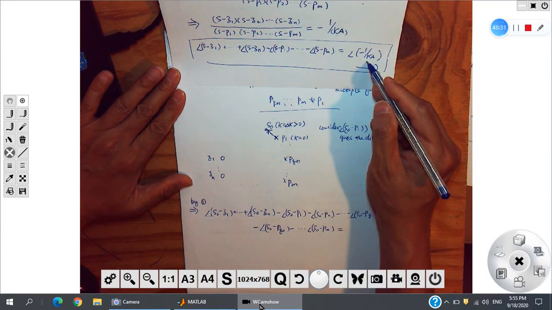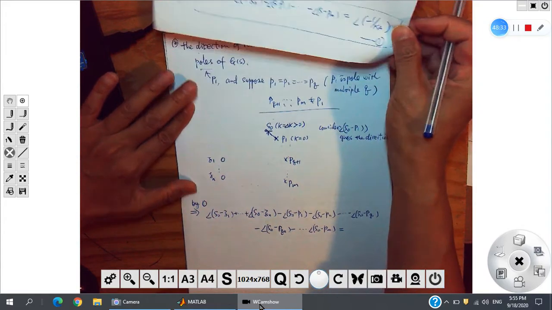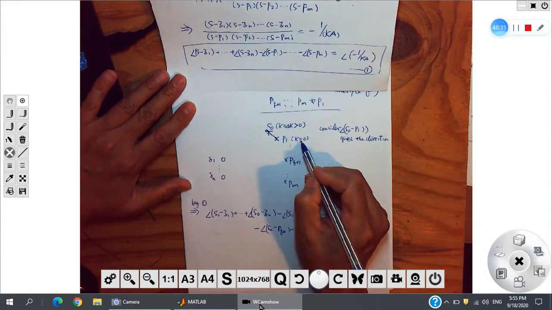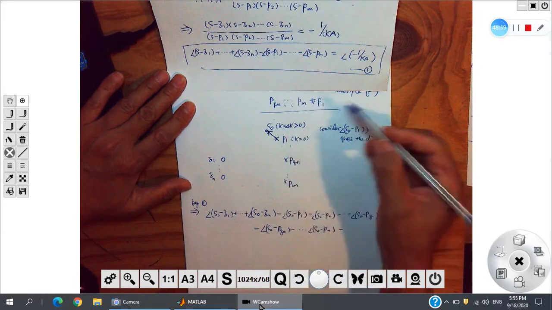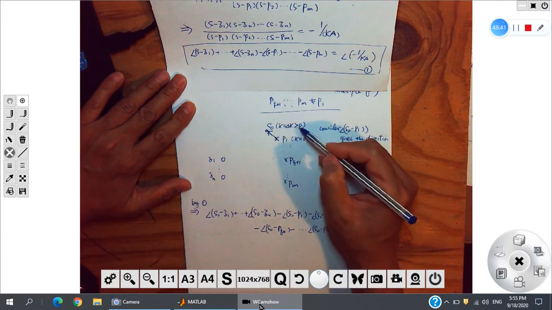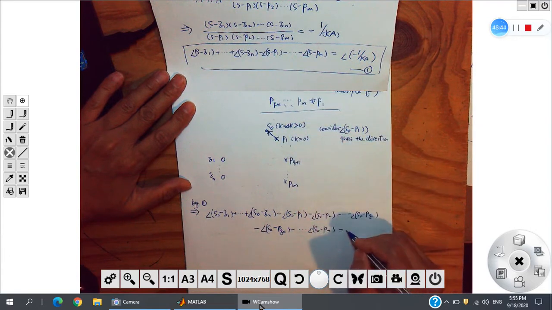This will equal the angle of this. Now this case starts from 0 and increases to some delta K positive, so K is positive. This is the angle of minus 1 over delta K times A, which is positive, so this is a negative value.